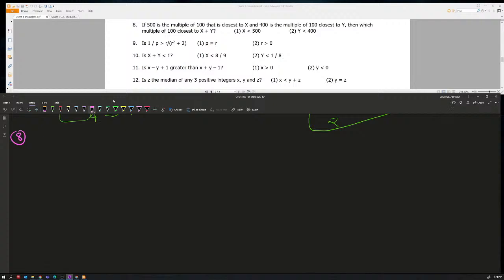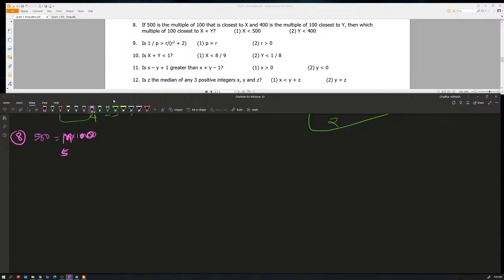Question number 8. If 500 is a multiple of 100 that's closest to x, definitely this is 500.